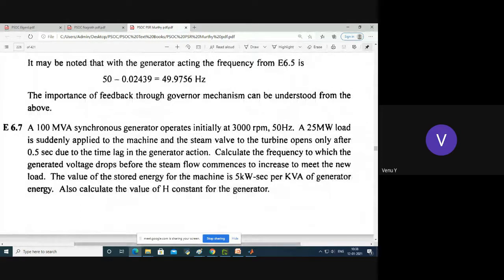A 100 MVA synchronous generator operates at 3000 RPM, 50 Hz. The initial values.